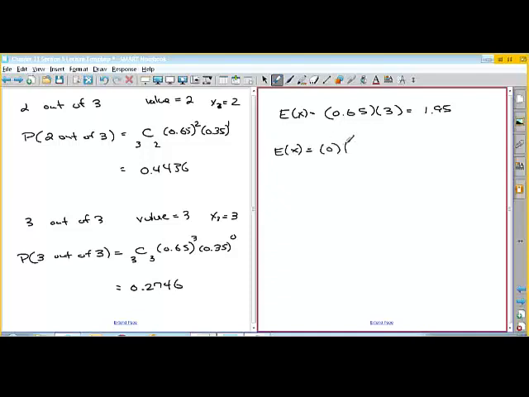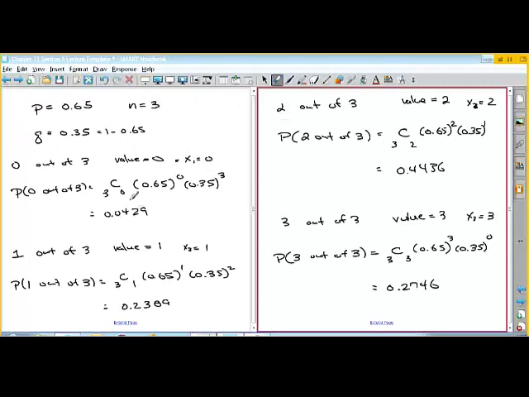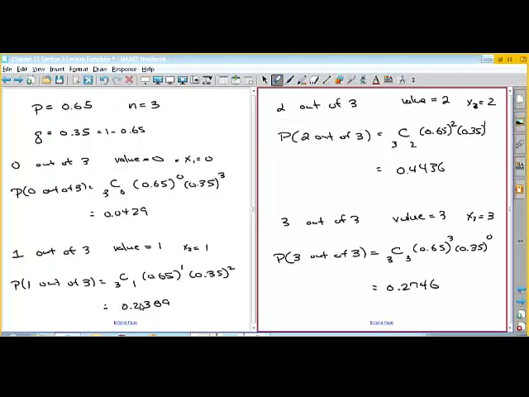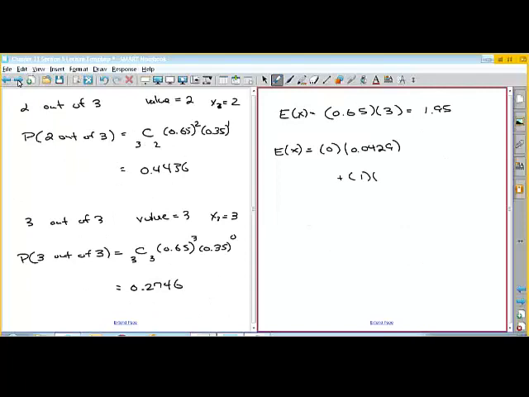So what you do is you take the expected value of the first case, which was 0, times the probability of making 0, which is 0.0429. Then you add the value of the second situation where he made 1 free throw times the probability of making, which is 0.2389.